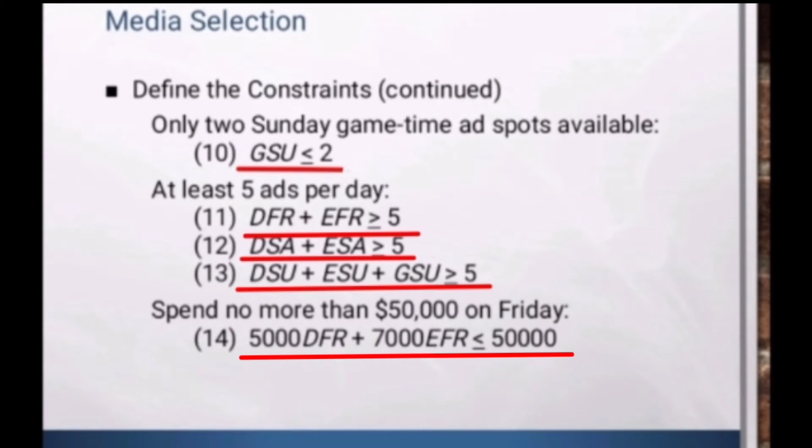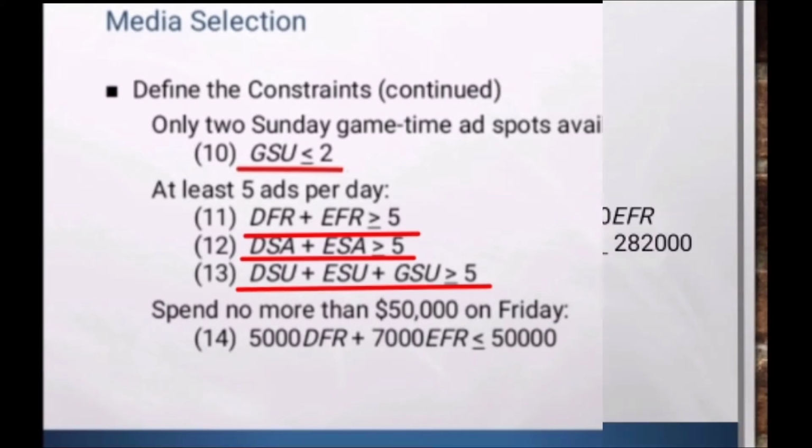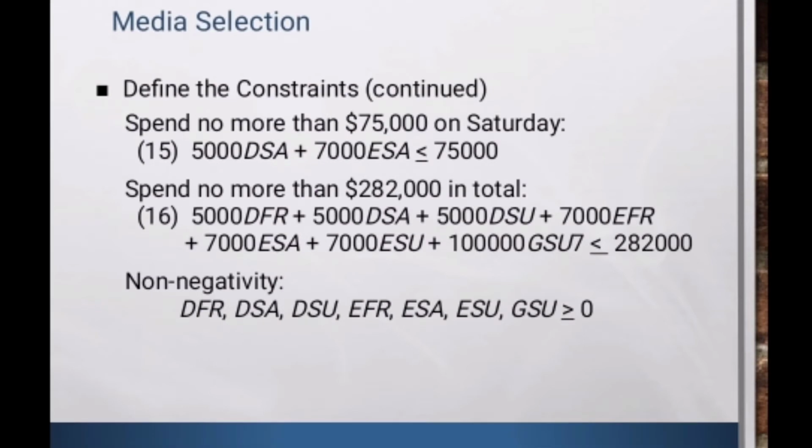So less than or equal to 50,000 because it says spend no more than, so it must not exceed 50,000. And as well as on Saturday, spend no more than $75,000. So 5,000 daytime ads on Saturday plus 7,000 evening ads on Saturday is less than or equal to 75,000.